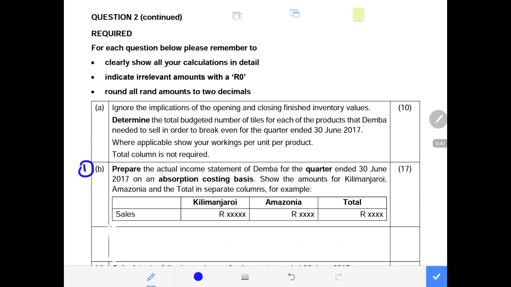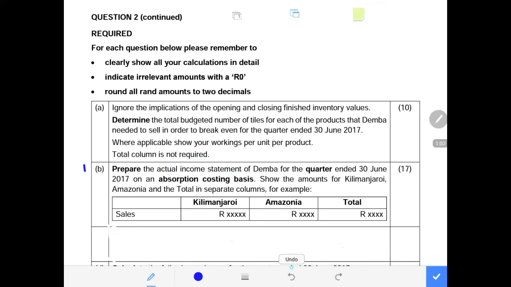which is the preparation of the actual income statement of Demba for the quarter ending 30 June 2007 on an absorption costing basis. So now we are to prepare this actual income statement using the absorption basis.